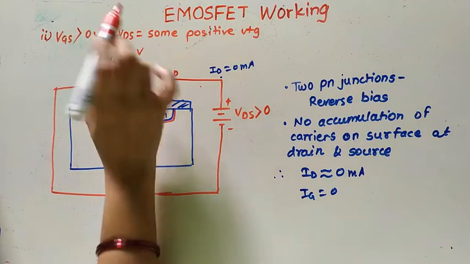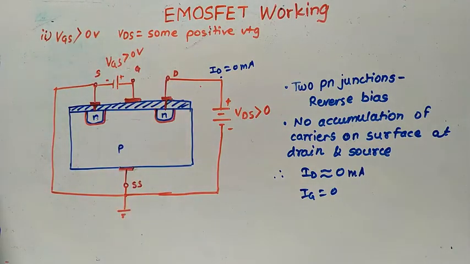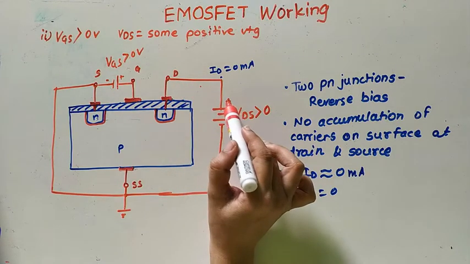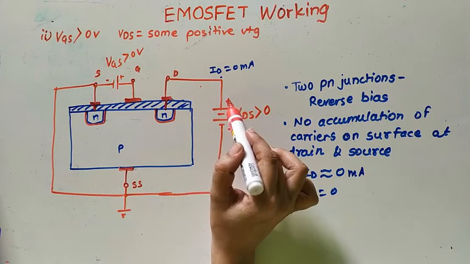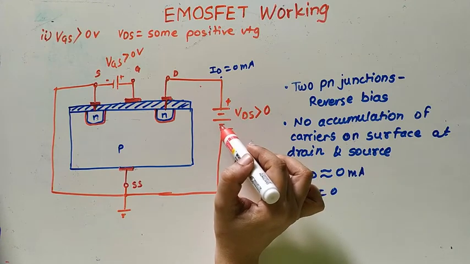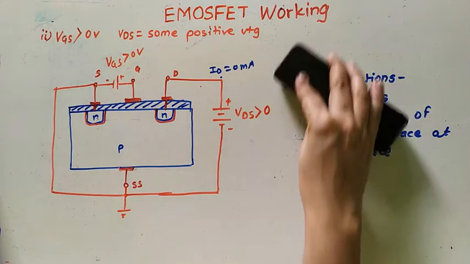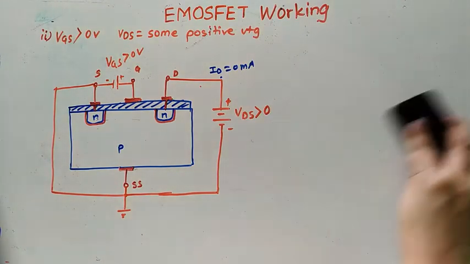In this way we can provide a voltage greater than 0 volt between gate and source. At the drain terminal we provide a positive power supply and the negative terminal of the power supply to the source terminal, and the substrate terminal is grounded. So this is the arrangement for the second case, where we provide VGS and VDS both some positive voltages.